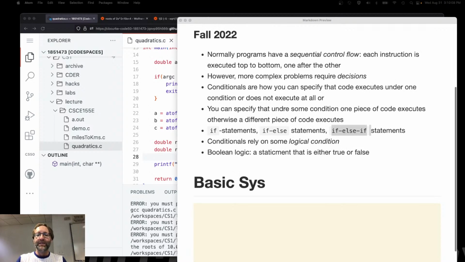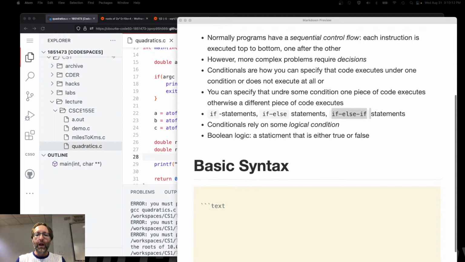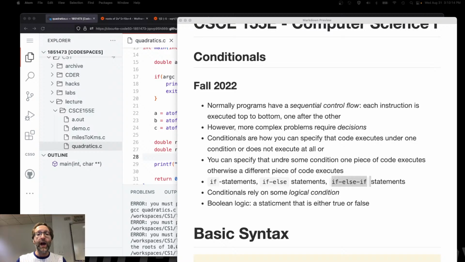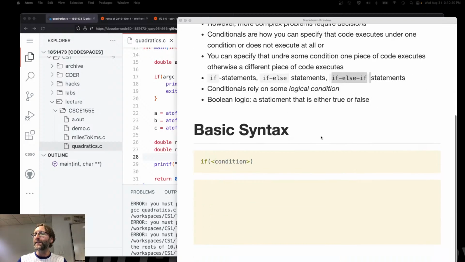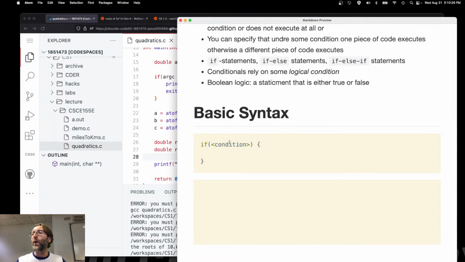Right. So let's talk about basic syntax before we adjourn today. Now this is not real code, because this is not a real condition. But I'll have an if statement here with a condition in it. We'll talk about conditions on Friday when we get to it. Otherwise, you'll have a code block here. If, and then parentheses, and inside that you put a logical condition that is either true or false.